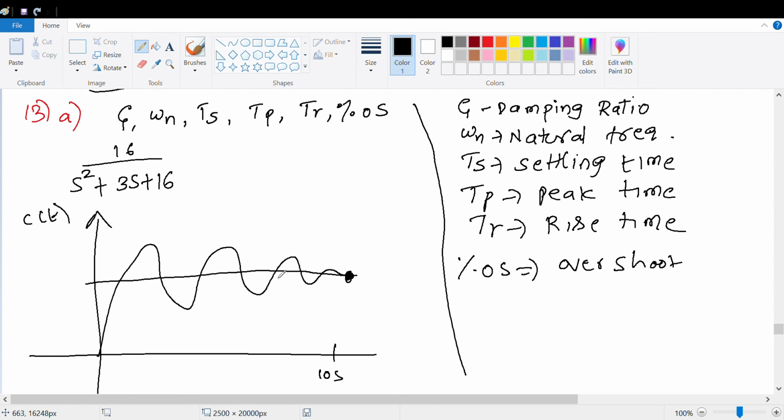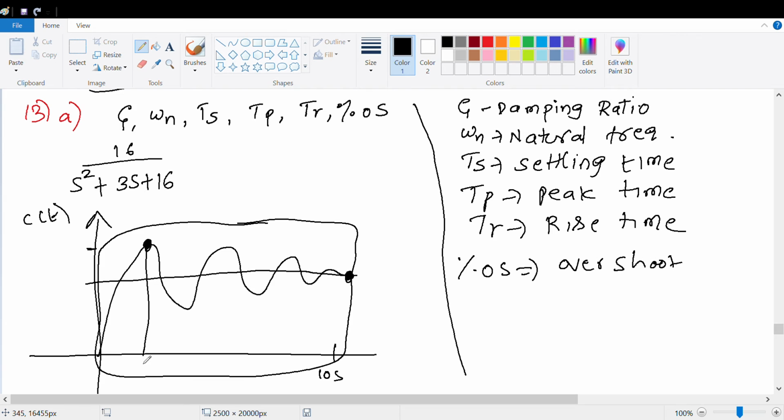To reach that point it will take some time, say 10 seconds, depending upon the machine efficiency and characteristics. So we are analyzing that time. This is the time at which the peak occurs. Peak means maximum value. This is called peak time. The time at which it is going to rise is called rise time, and the time at which it is going to settle is called settling time.